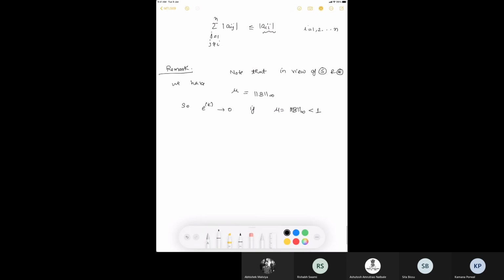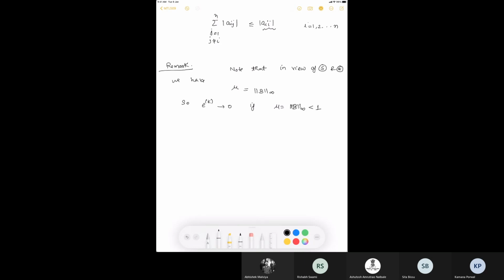Okay, so in terms of the number of operations, it is requiring very few operations as compared to the direct methods.